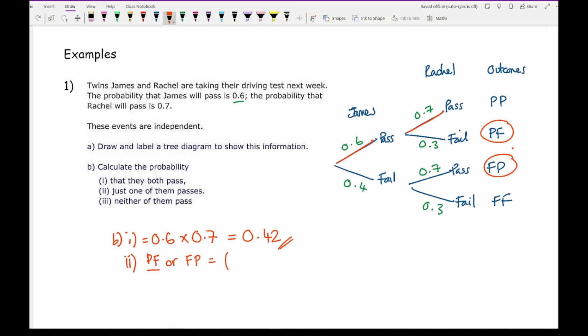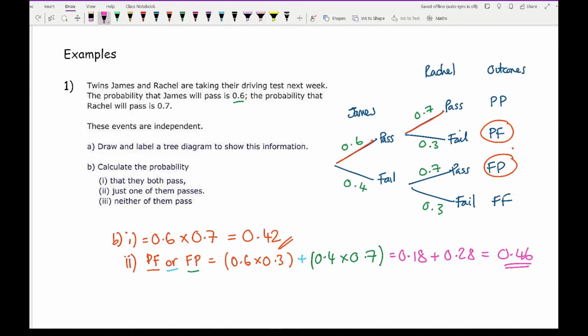A pass fail is going to be 0.6 times 0.3, plus a fail pass, which is 0.4 times 0.7. If I work that out, I end up with 0.18 plus 0.28.